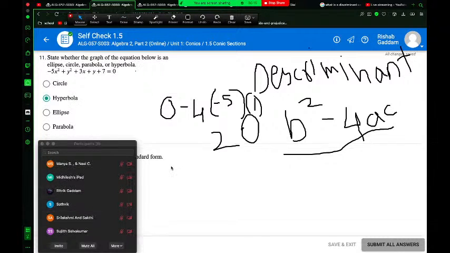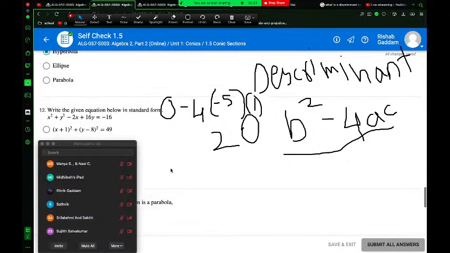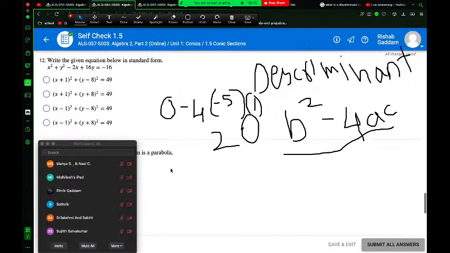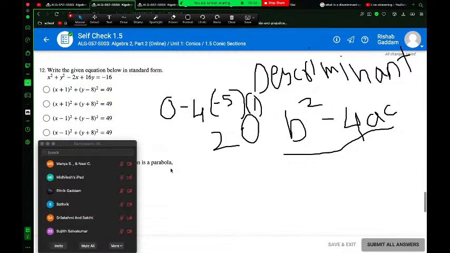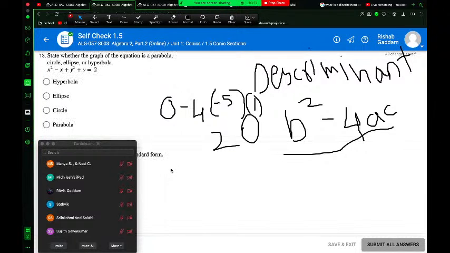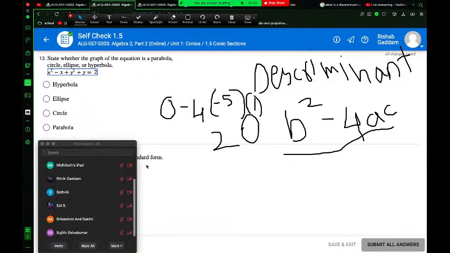Okay, so let's scroll down. There, the graph of the equation is a parabola. Okay, so let's do this one, because this one is pretty easy, if you ask me. So this one goes to Sujit.